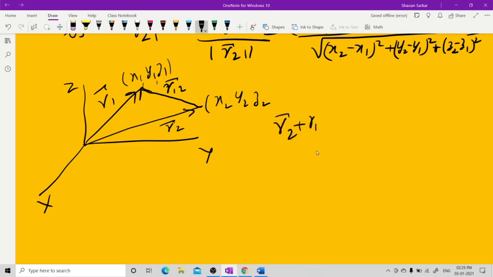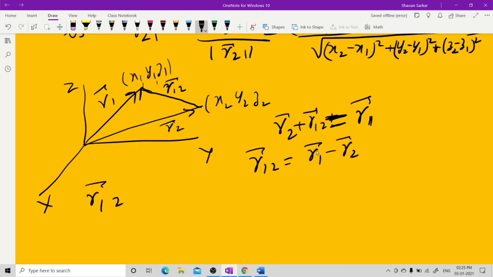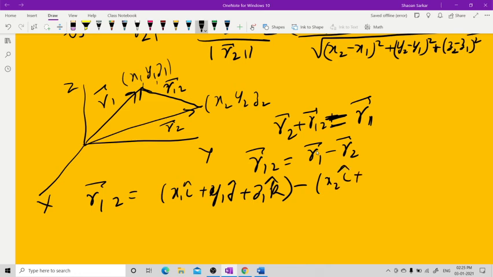R2 plus R12 is equal to, according to vector addition, R1. So R12 would be R1 minus R2. Now it will be x1 i cap, y1 j cap, z1 k cap minus x2 i cap, y2 j cap plus z2 k cap.